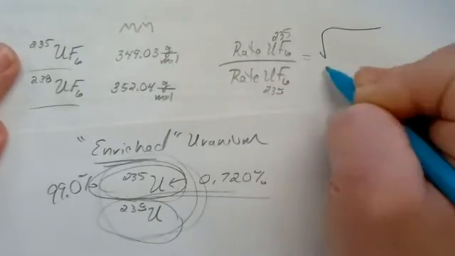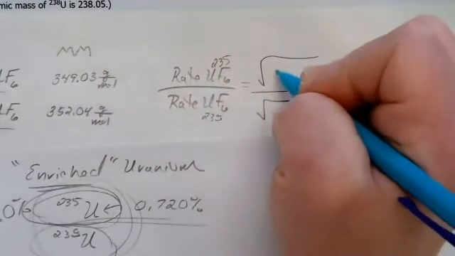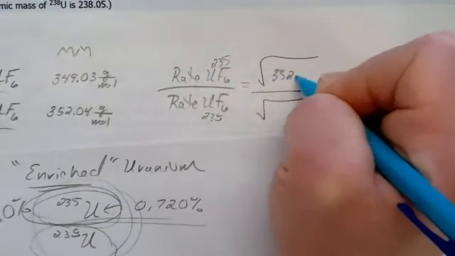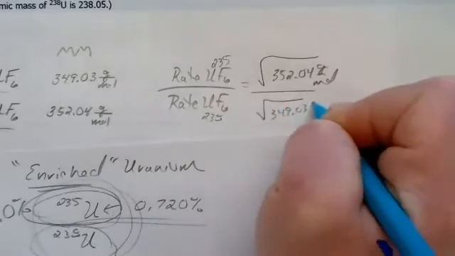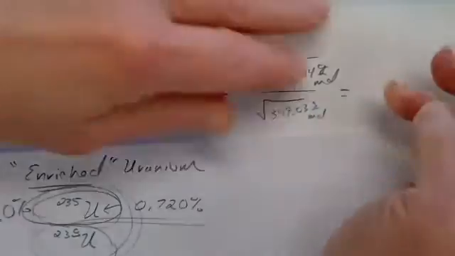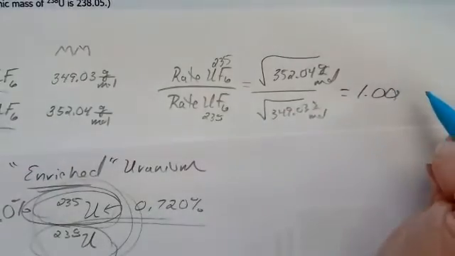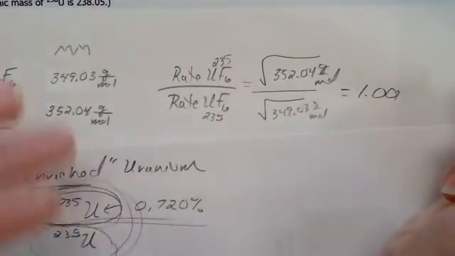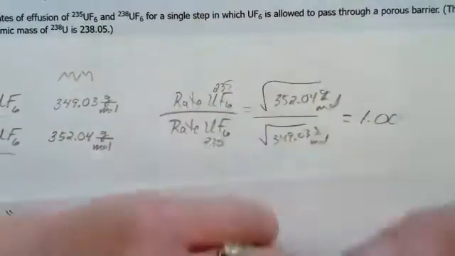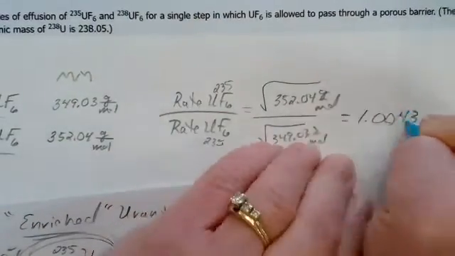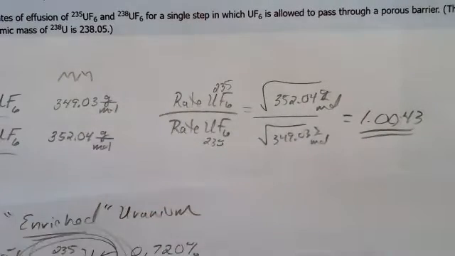They barely differ in their molar masses, but they do differ enough. So we would put 352.04 gram per mole, 349.03 gram per mole, and what we got is 1.0043. Now, that's hardly a difference at all, but enough of a difference.